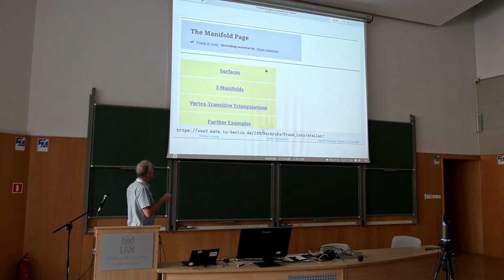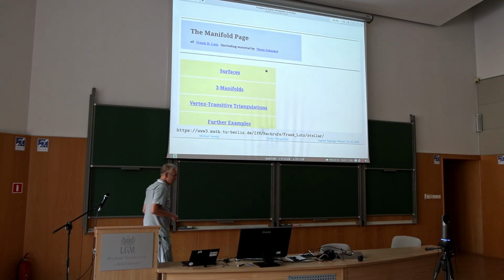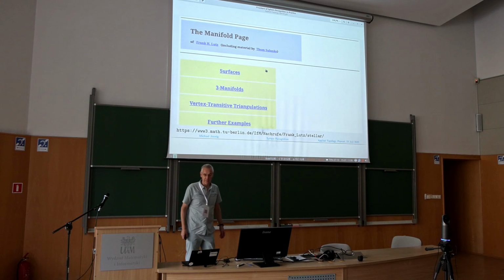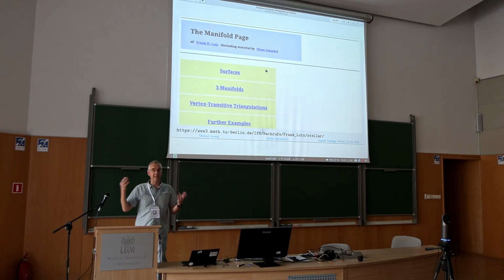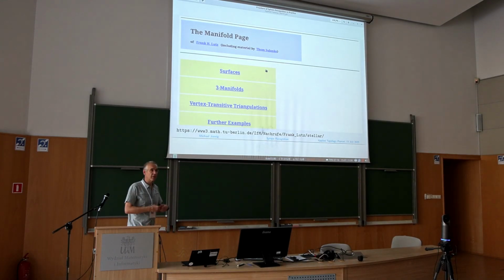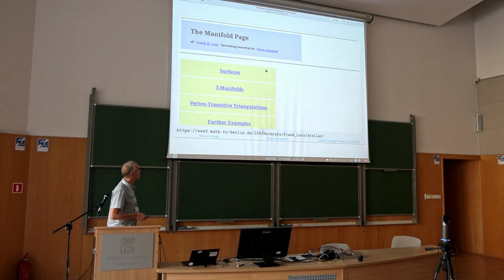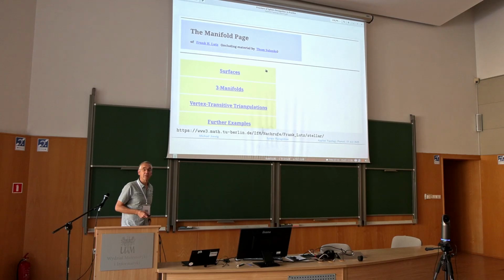It has all kinds of things: surfaces, 3-manifolds, vertex-transitive triangulations, and so on and so forth. These are combined results from dozens of papers with many co-authors, and complete classifications of sorts of this and that. It's a rich source for doing computational topology.